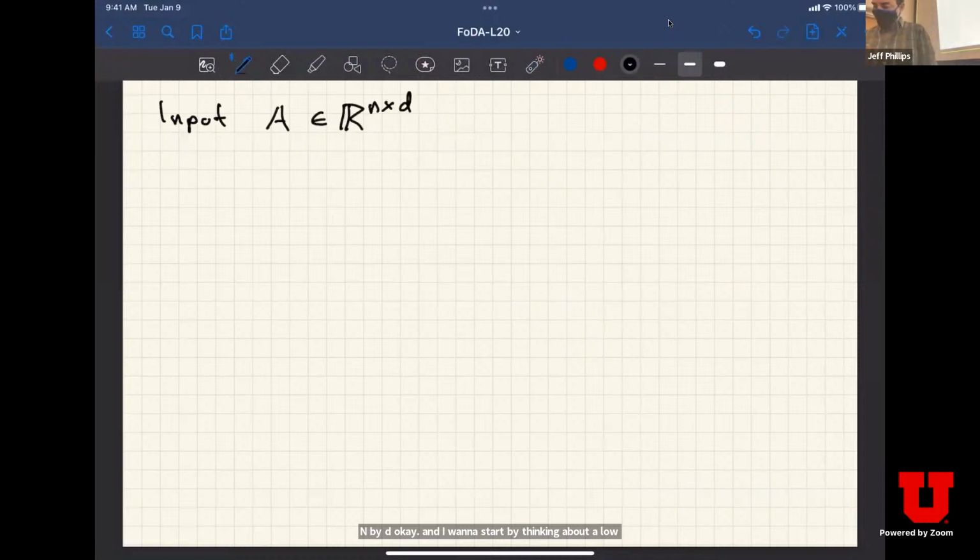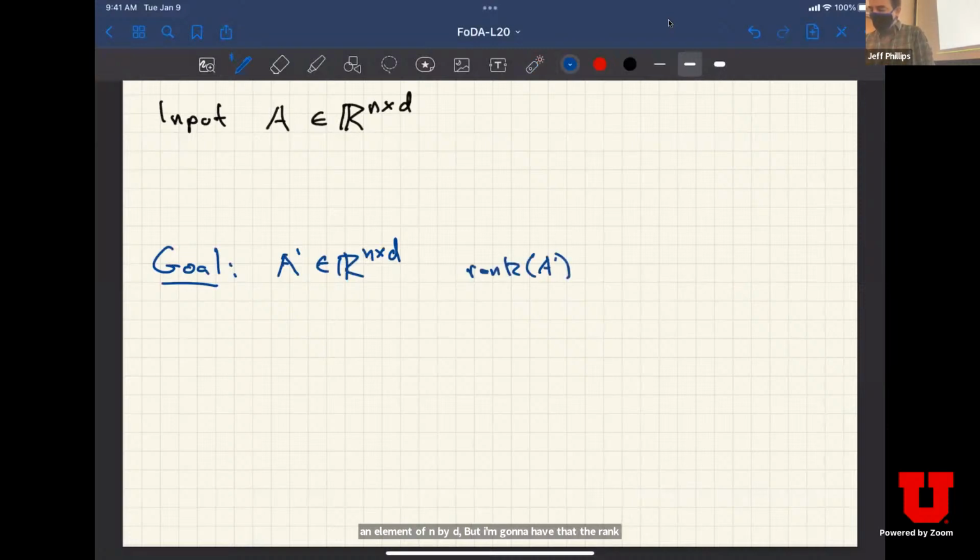So the goal today is going to be some A prime, which is also going to be an element of n by d, but I'm going to have that the rank of A prime is going to be equal to k.